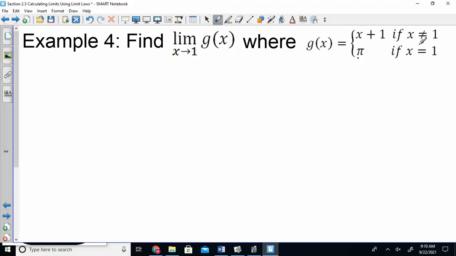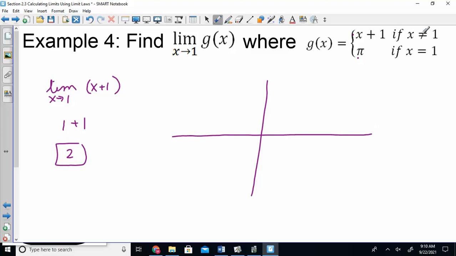So if you are just getting close to 1, which of these pieces would you be using? The top one. Can you plug a 1 into there? So you would just get 1 plus 1, which is 2.